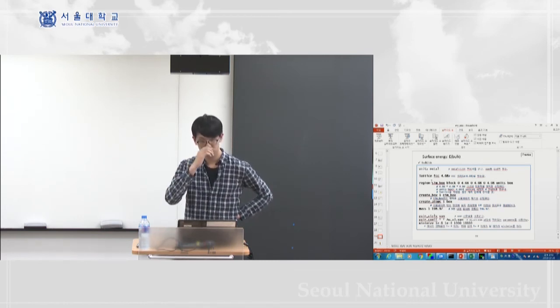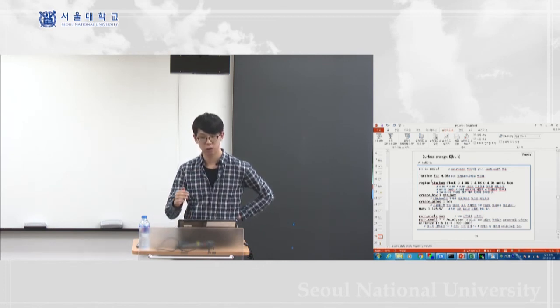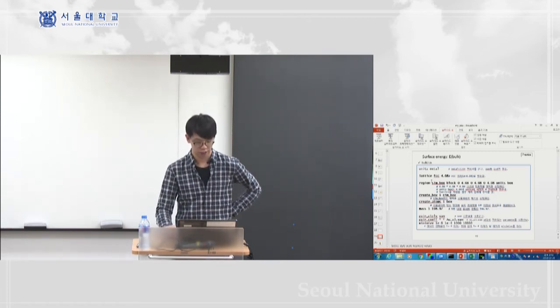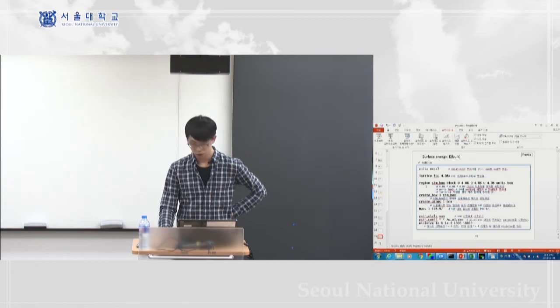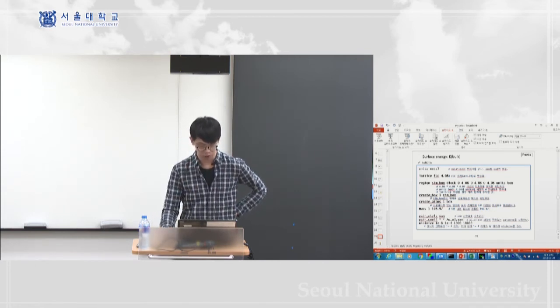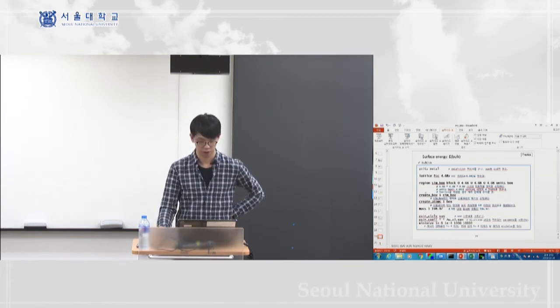And this time, instead of reading the data file as in the previous examples, we're going to make the structure within the input file. So it's going to be these commands. These commands are to make the structure within the input file.